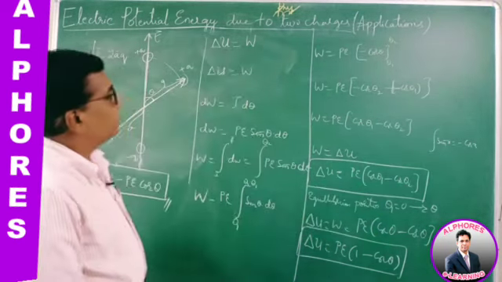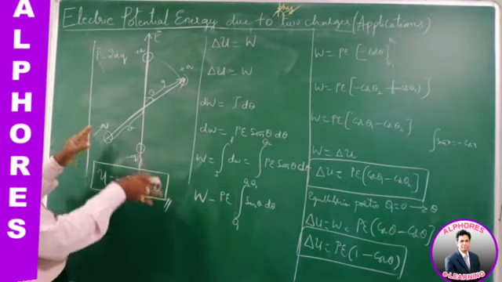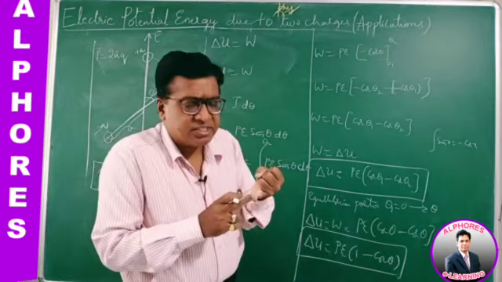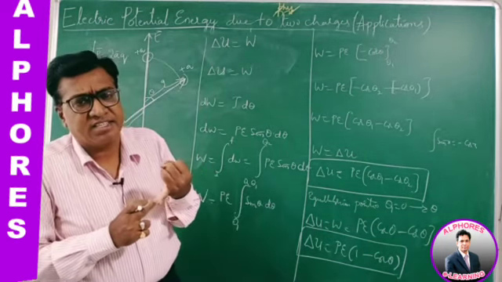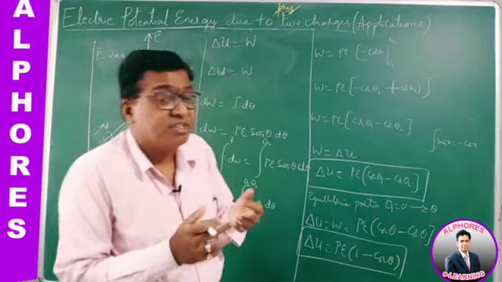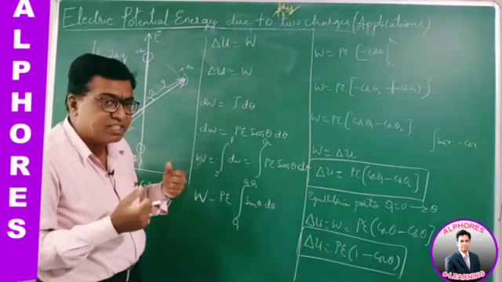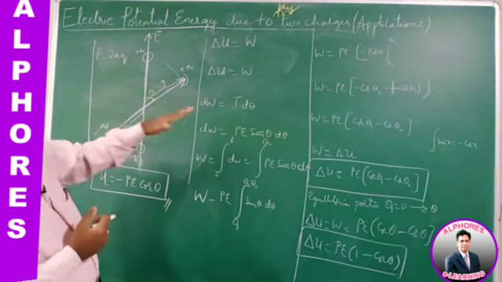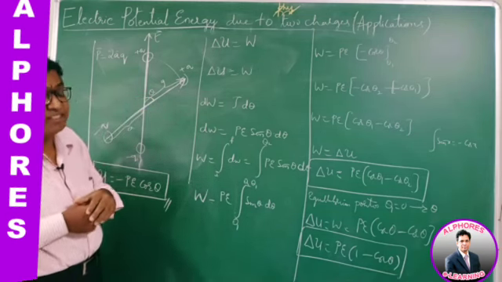So this way we find the electric potential energy of a dipole in the electric field. First, the electric potential energy of a charge in the electric field, the electric potential energy of a system of charges, the self potential energy of a charged sphere, and the potential energy of a dipole in the electric field. Right? Now next.